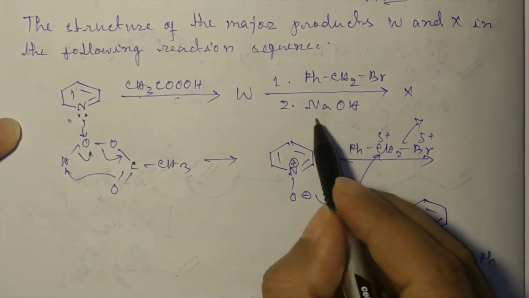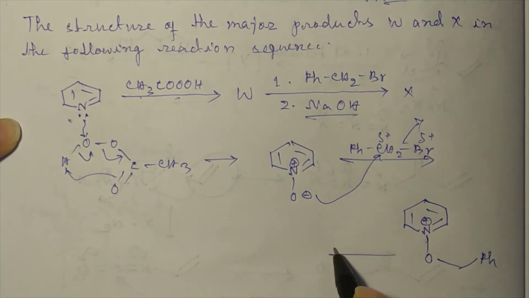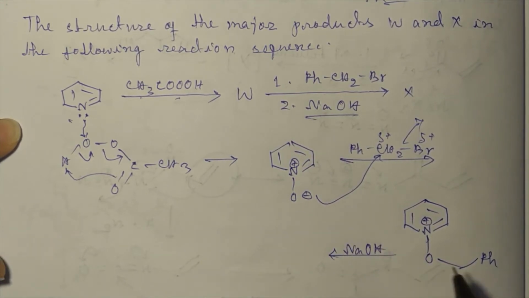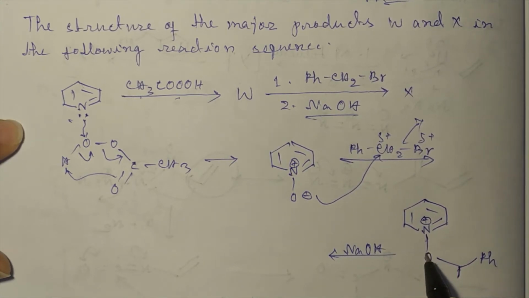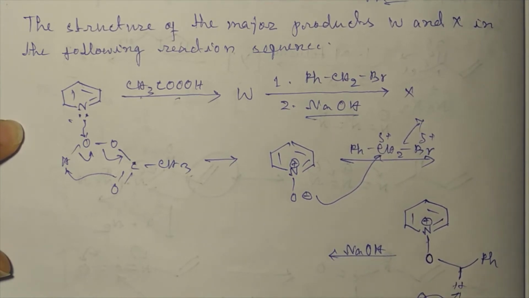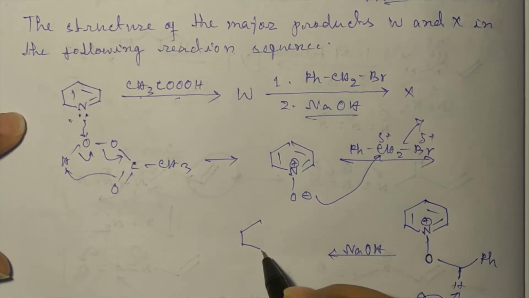Now if it is treated with a base NaOH, then here this proton is quite acidic because of the strong electronegativity of oxygen. So OH minus will take this proton and the corresponding conjugate base will form.